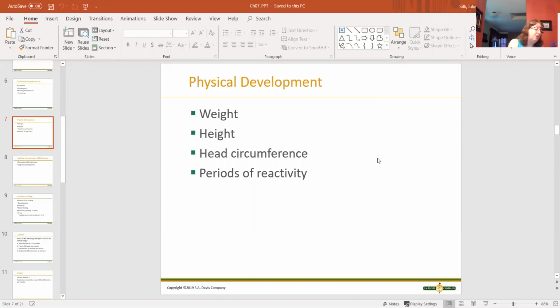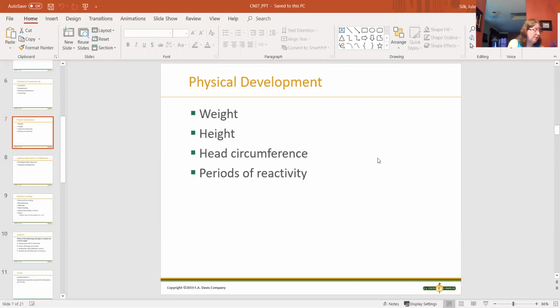They tell you if you're in a certain percentile of all kids in that age group. So if I'm in the 90th percentile, that means that I'm bigger or I weigh more than 90% of the kids in my age group. So that's something that they look at with weight.